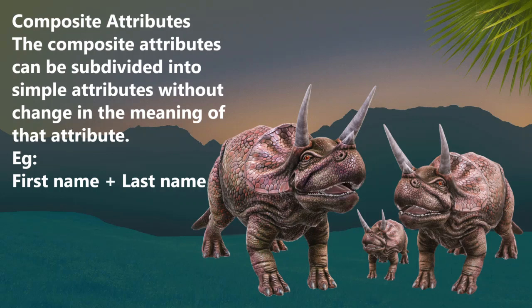For example, a person may have two names. Two names means first name and last name. Anil Kumar, for example. So Anil is the first name and Kumar is the second name. We can separate it, but we are not going to lose the meaning of that attribute.